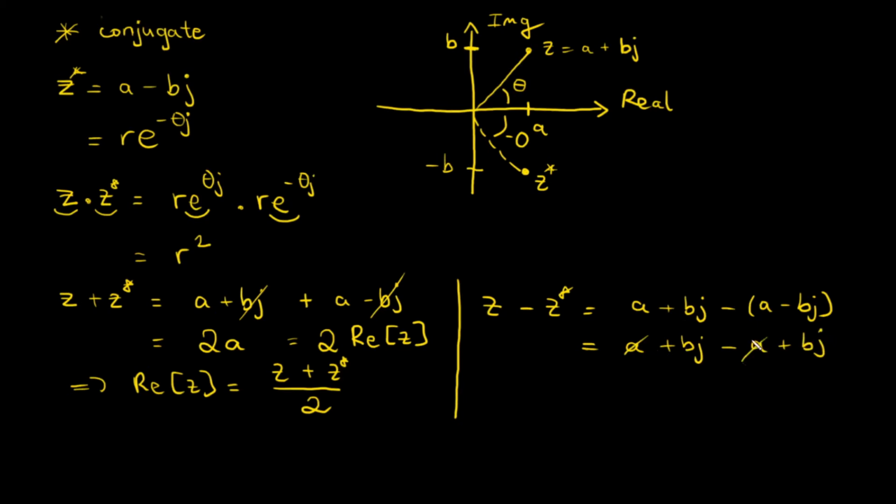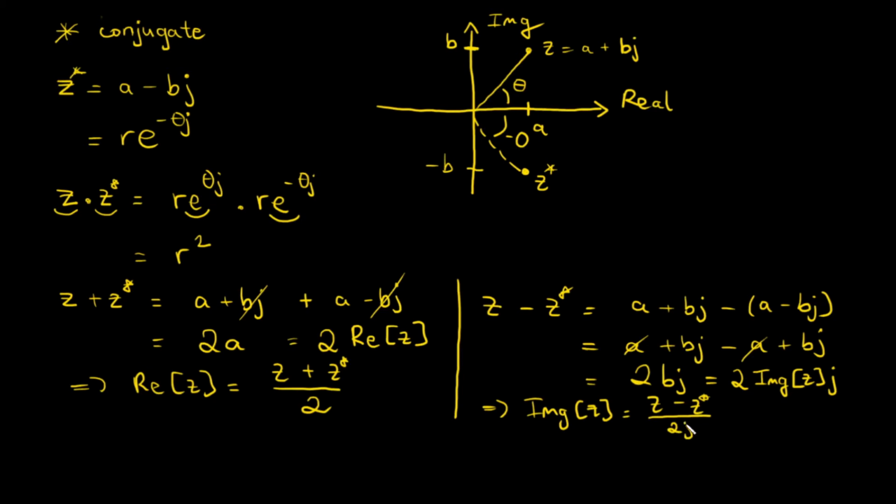So a cancels a, and you have bj left twice, so it's 2 times bj. We know that b is your imaginary part, therefore you can rewrite it as 2 times the imaginary part of your complex number times j. Thus, the imaginary part of your complex number is going to be your complex number minus its conjugate, divided by 2 times j.